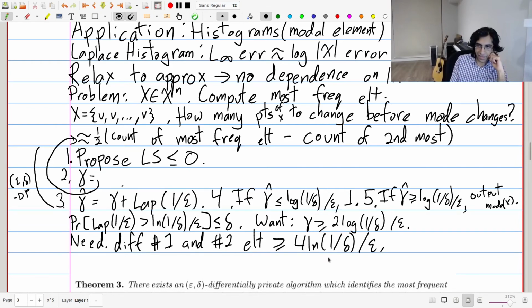And if we have that, then we'll have the desired accuracy guarantee, which is that we output the correct mode.